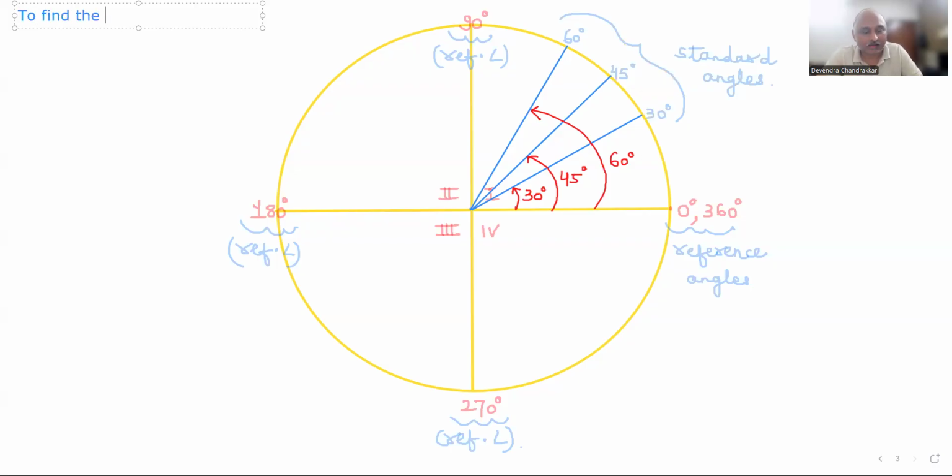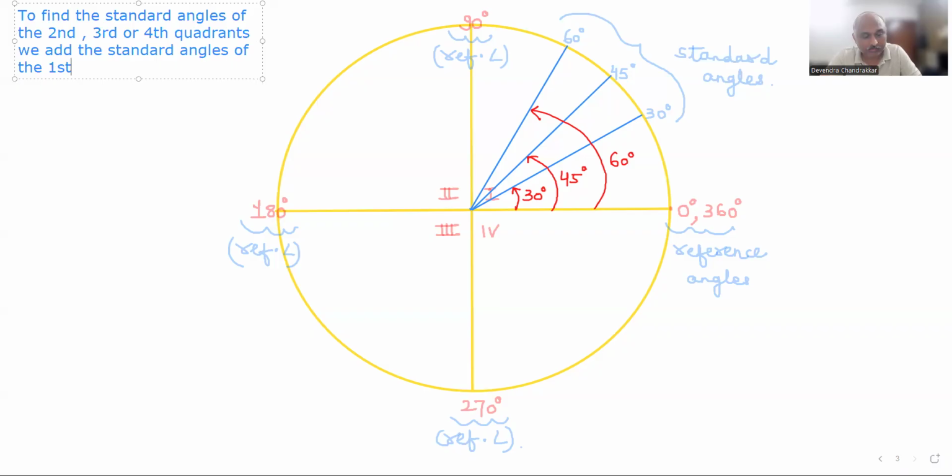To find the standard angles of the second, third, or fourth quadrant, we add the standard angles of the first quadrant to the smaller reference angle of the respective quadrant.